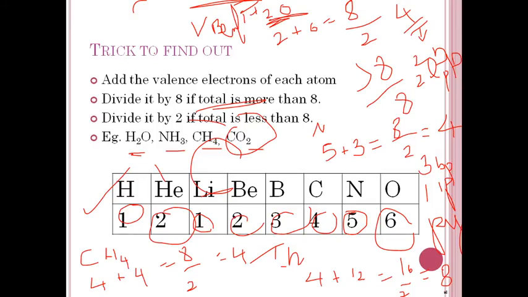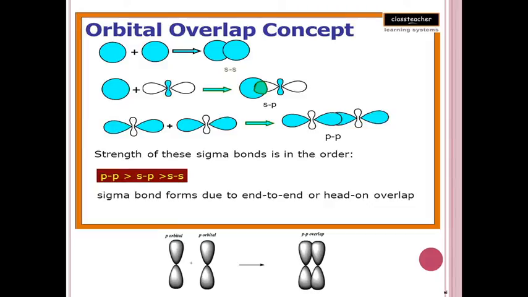Initially it might be tough for you, but if you solve at least 10 or 15 examples on your own and interpret them with the table, then automatically the idea comes into your mind and easily you can predict the shape of the molecules. Any molecule you can predict.